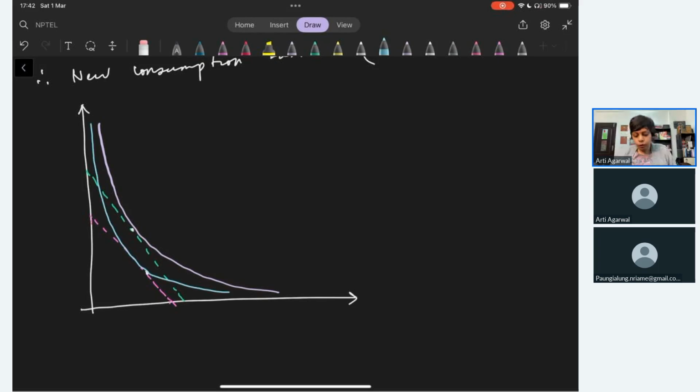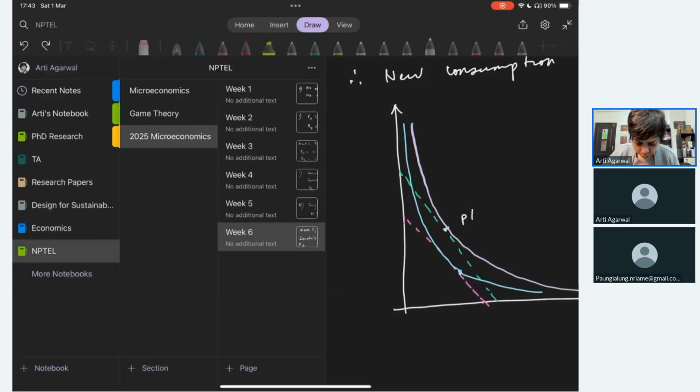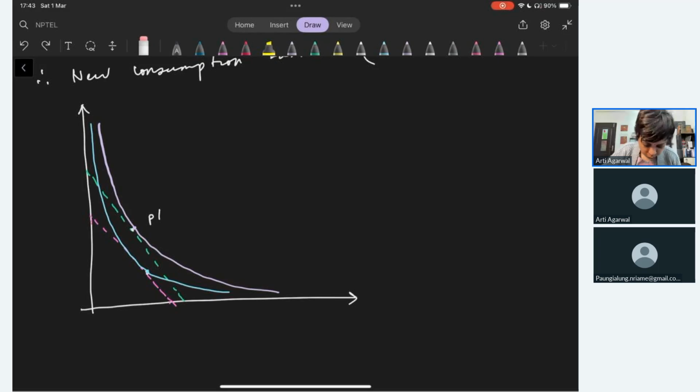Okay, so these are both your two indifference curves. This is tangent here, and this is tangent here. Okay, so this is your original consumption bundle, and this is your new consumption bundle. Oh no, sorry, wait, this is a bit wrong. Hang on. This x has to reduce, it's increasing in our current setup.